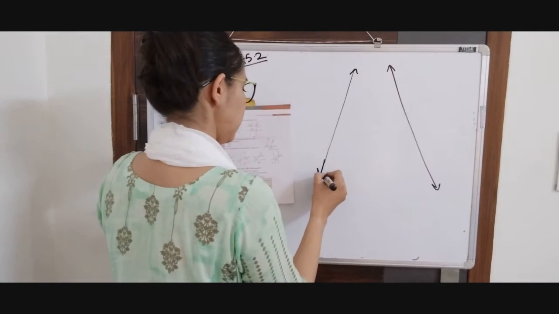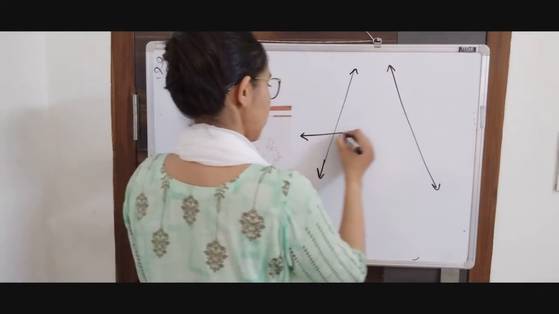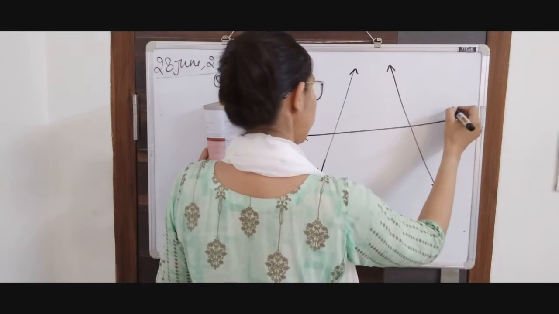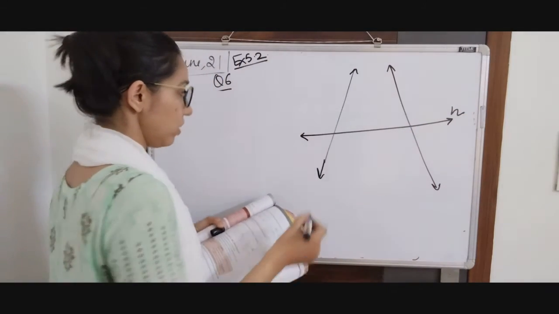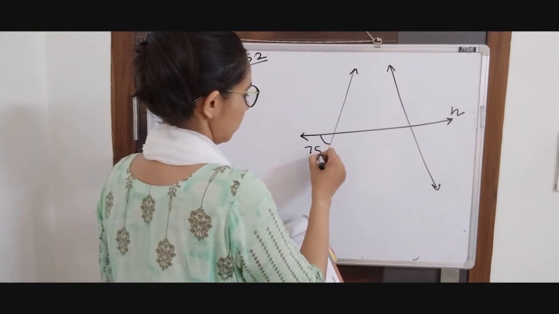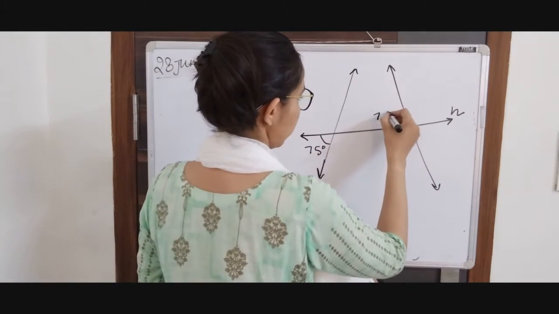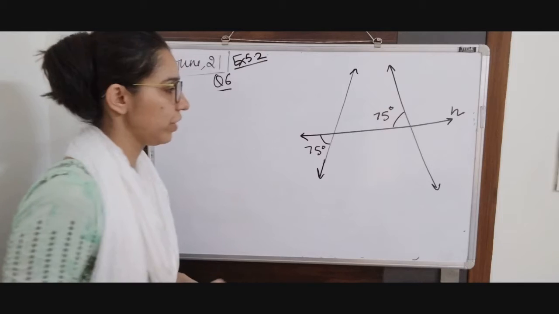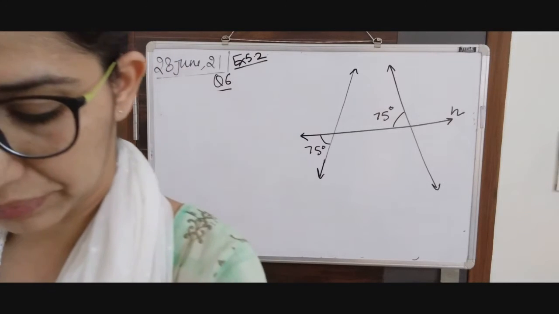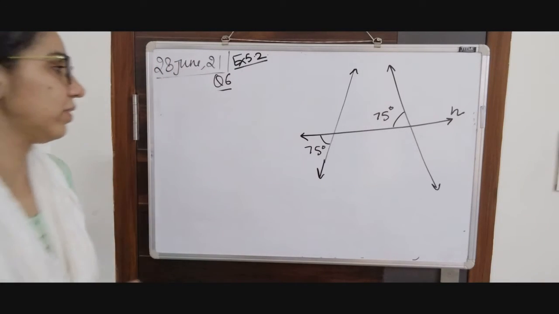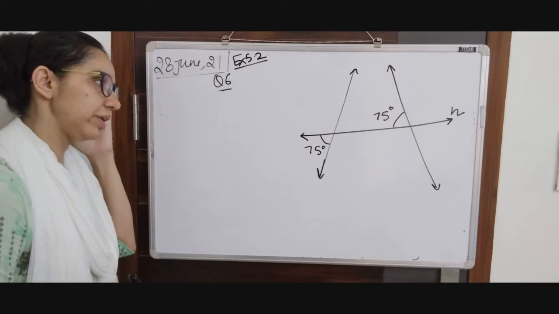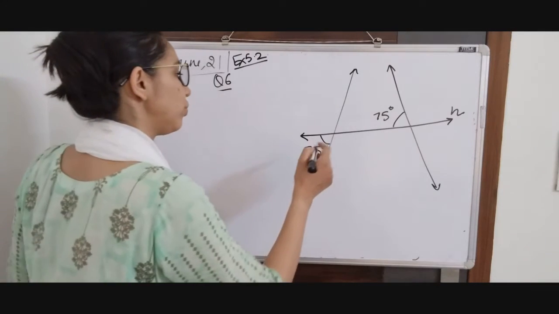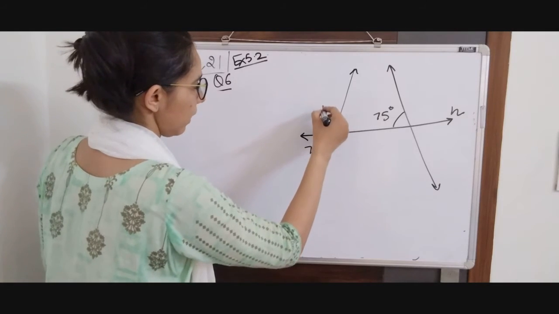Whatever the case may be, we just need to see which are corresponding angles, which are interior, which are alternate interior. So this is 75 and this is also 75. Now we can do comparison using corresponding angles or alternate interior angles. We are going to use corresponding angle comparison.